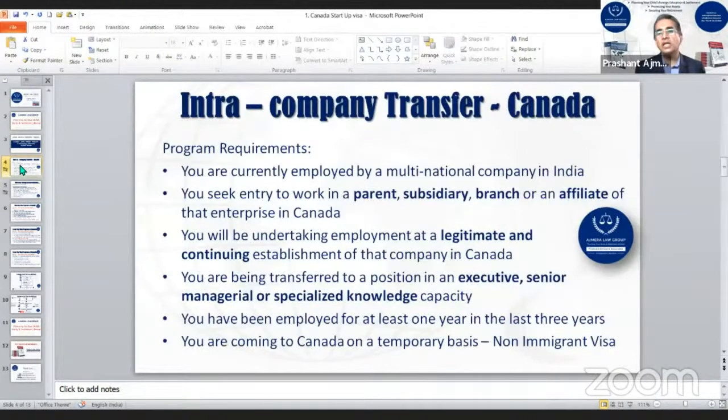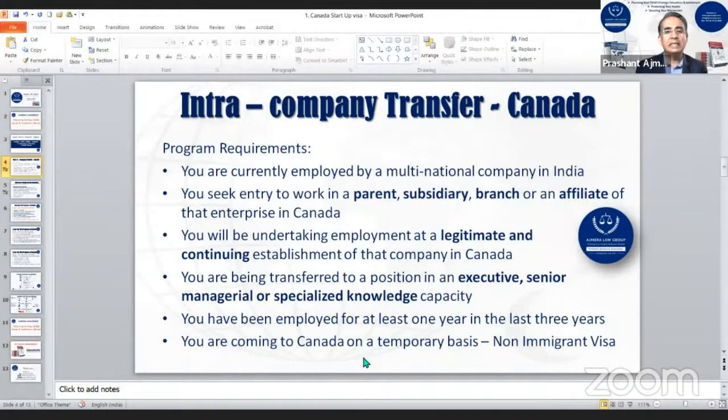The intra-company transfer program can be used by an Indian company that wishes to start a business, acquire a business, or go into a joint venture with a Canadian company in Canada. While doing that, if they wish to transfer people from India to Canada, they can use this visa, known as an intra-company transfer, which is very similar to the L1 visa of the United States.